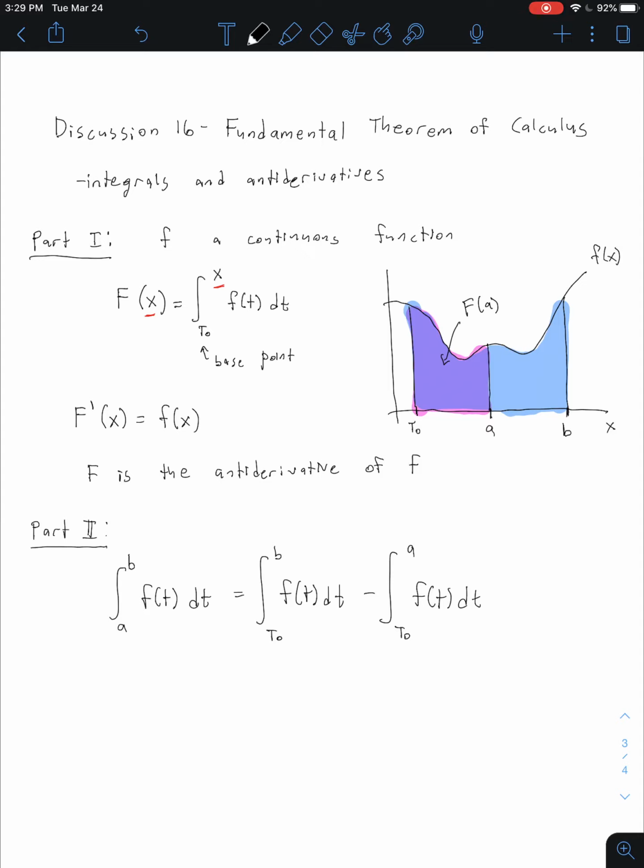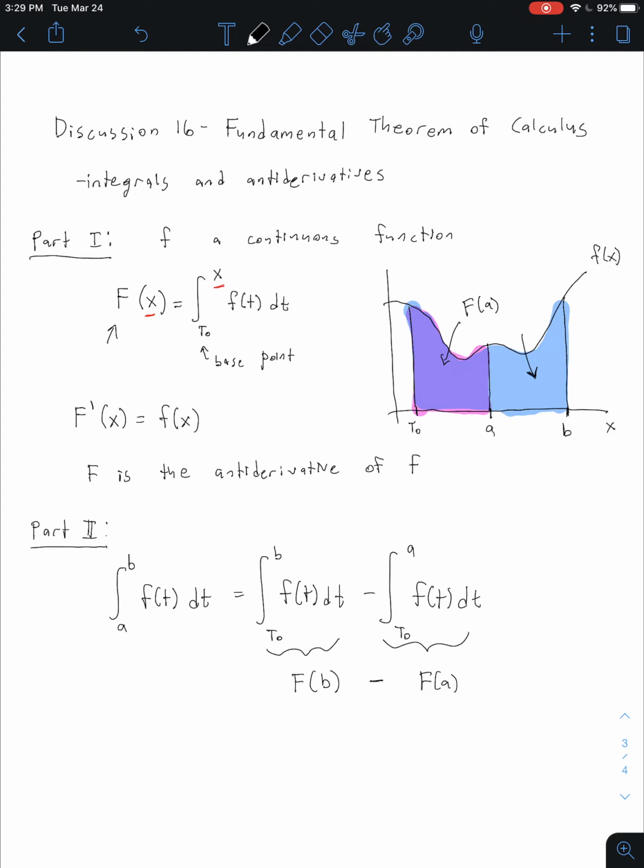The full blue part minus the pink part gives us this light blue part, which is the integral that we care about. And now we use part 1 and the definition of this function uppercase F, and we see that this is F of b, and the second one is F of a.